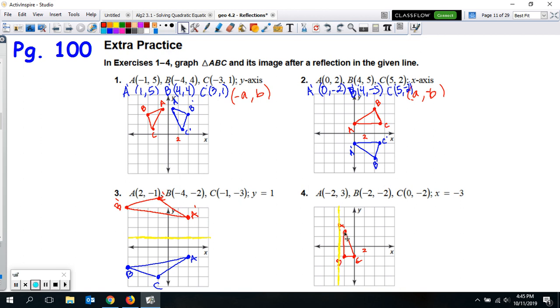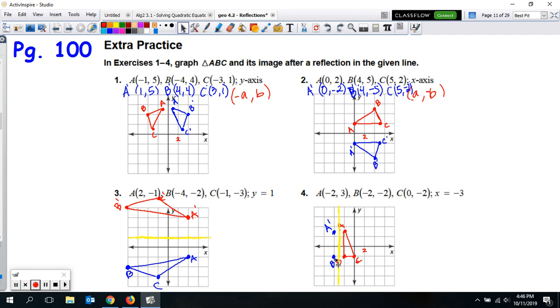So A right here is 1 to the right of the line. So A prime is going to be 1 to the left of this line, just right here, which is going to be the point -4, -3. That's what's going to happen there on A prime. And then B is also just 1 this way, so it's 1 that way as well, right here at -4, -2.